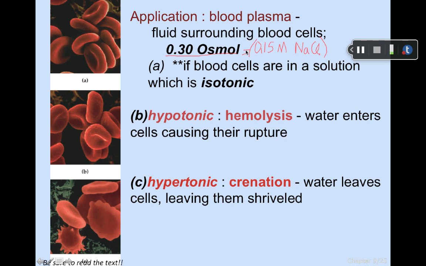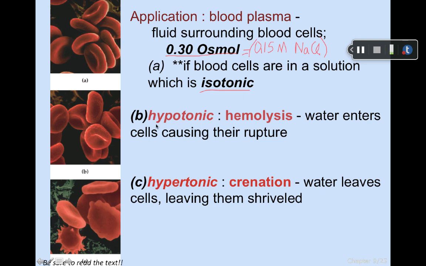And so because sodium chloride has 2 moles of ions per mole of compound, the osmolarity is twice the molarity. So if you're looking for something that's going to be a safe place to put blood cells, you want them in a solution that is isotonic. In other words, 0.3 osmolarity, aka 0.15 molar sodium chloride, or anything else that has 2 ions.